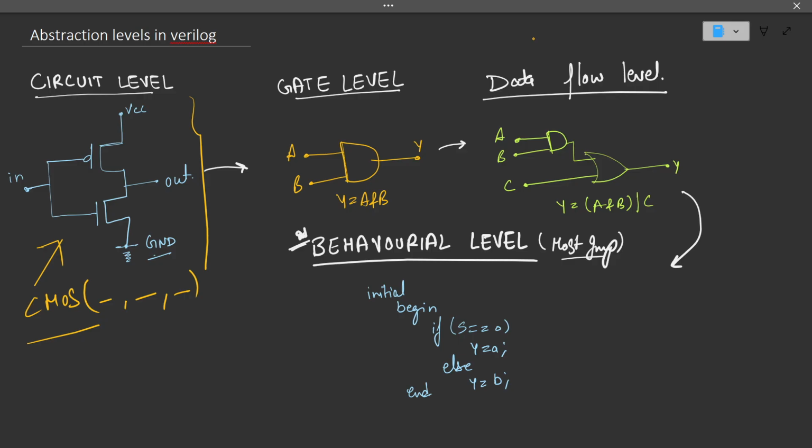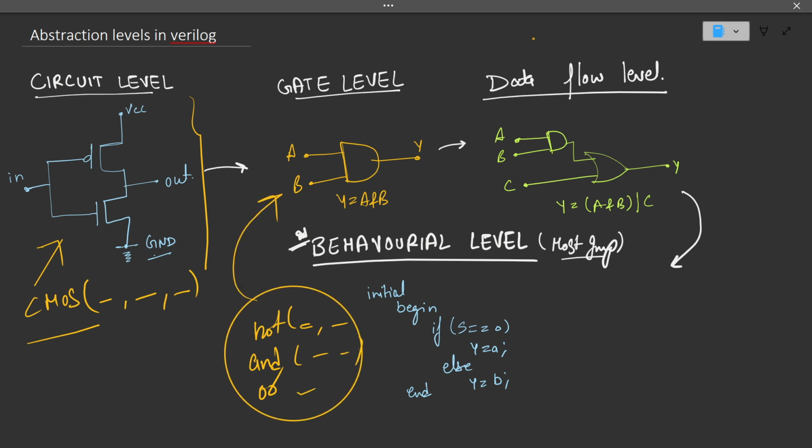In gate level coding, you will be writing keywords like not, and, or, along with the inputs and outputs. When we use this type of coding, we say we are using the gate level abstraction level.